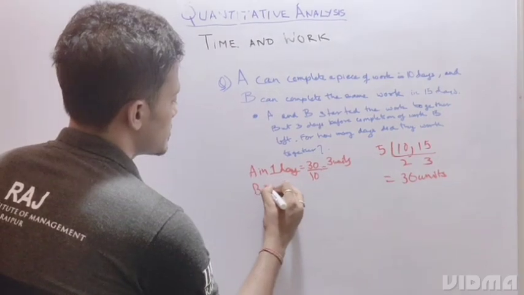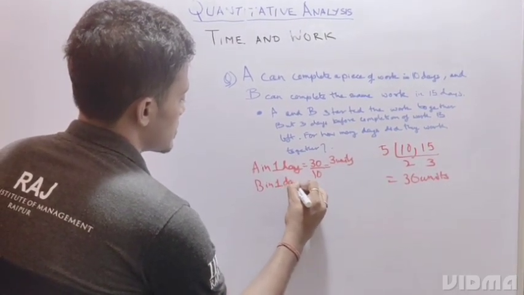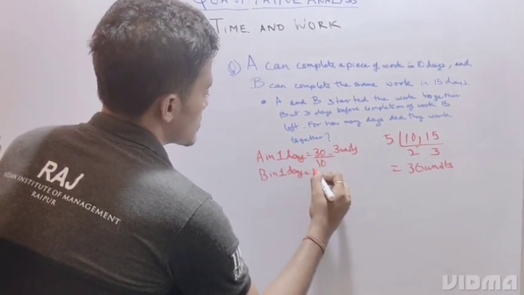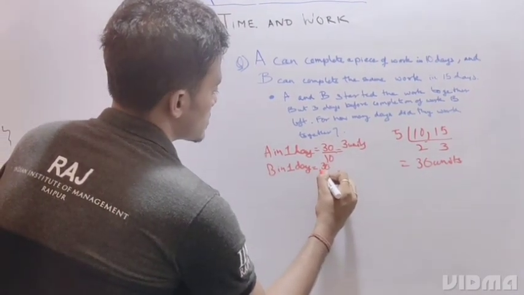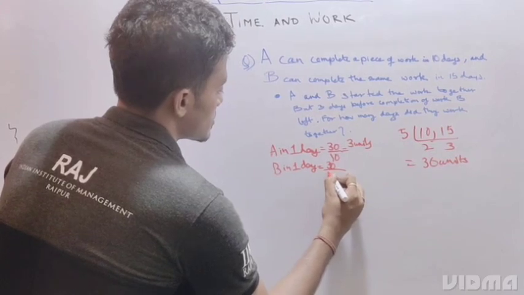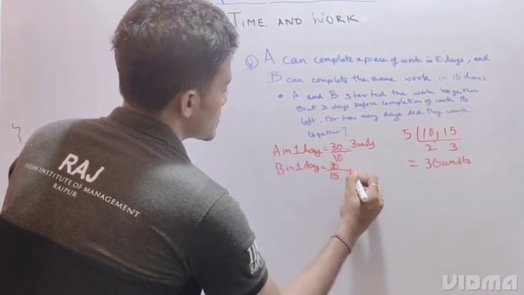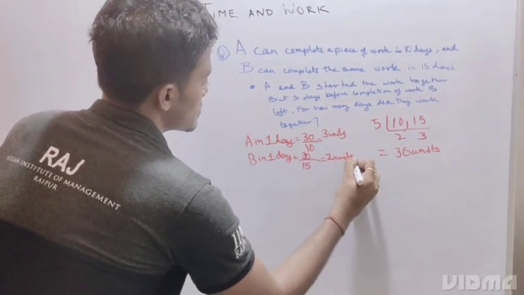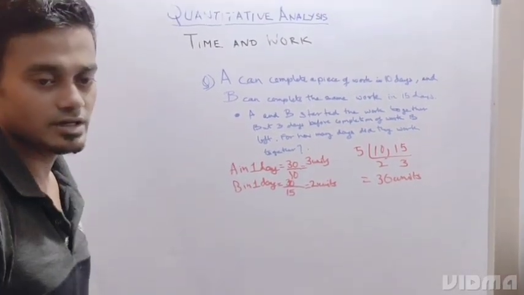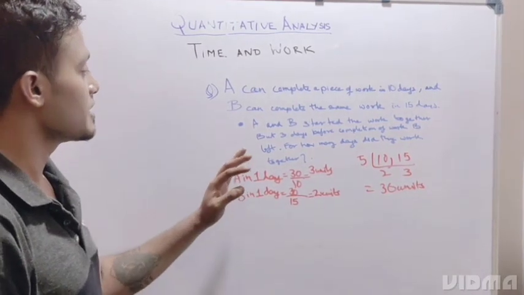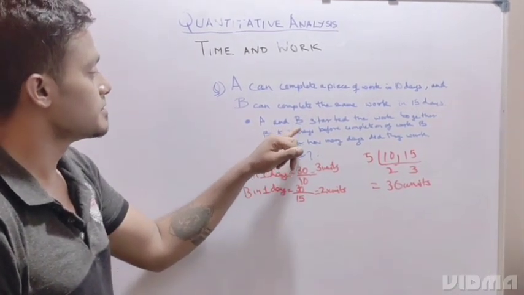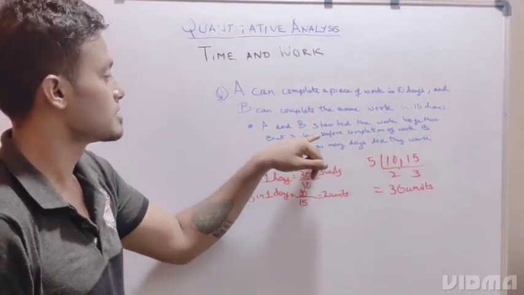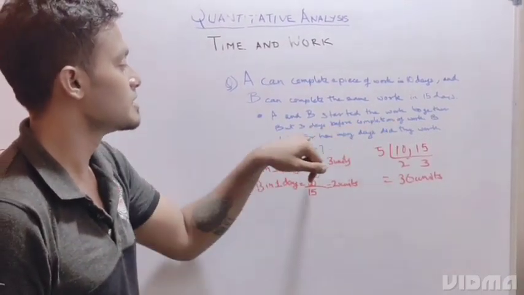Similarly B in 1 day does, 30 units of work needs to be done. He takes 15 days to do it. So per day it will take 2 units, right? Now A and B started working together, but 3 days before completion of work, B left.